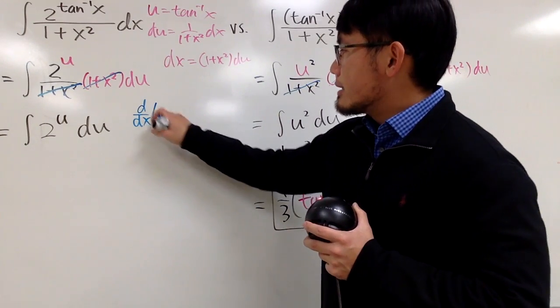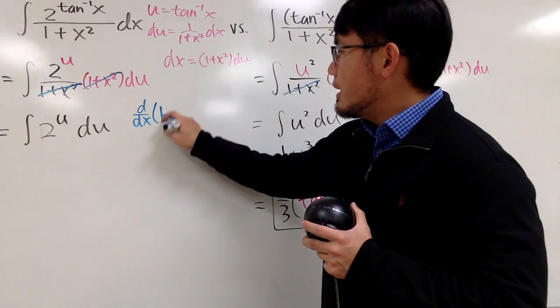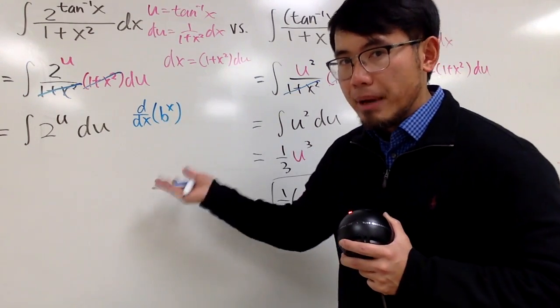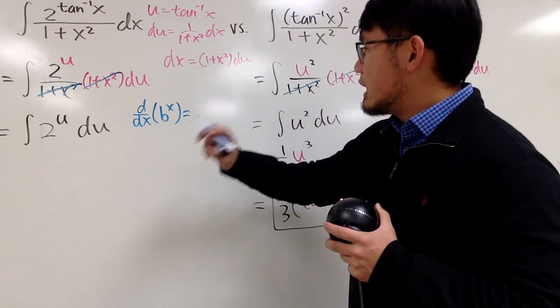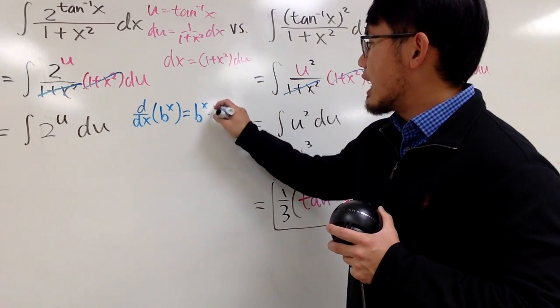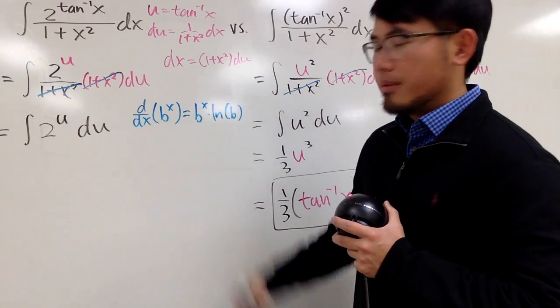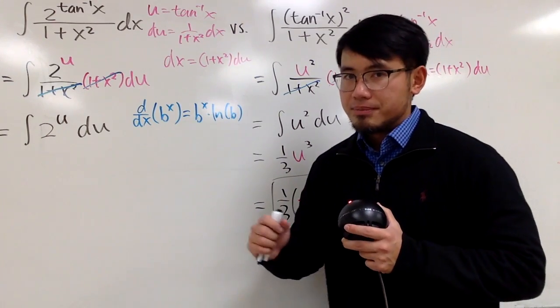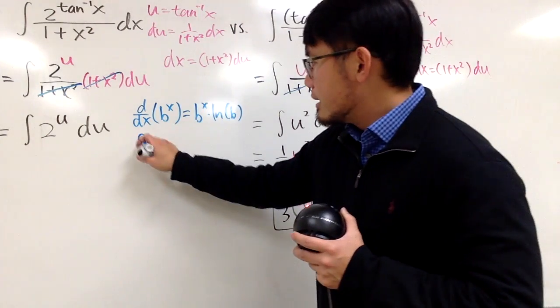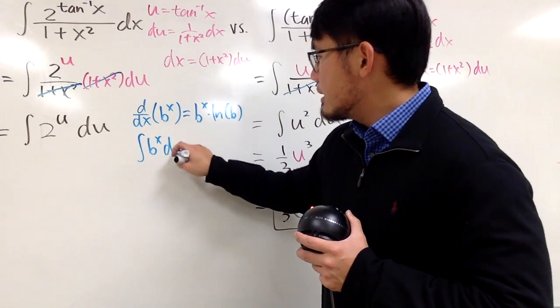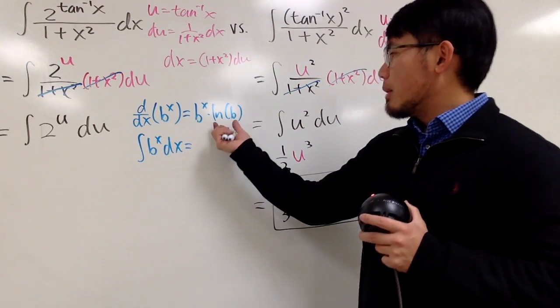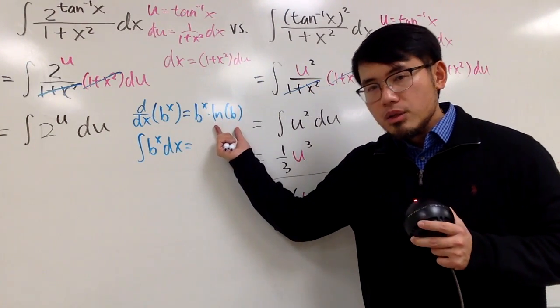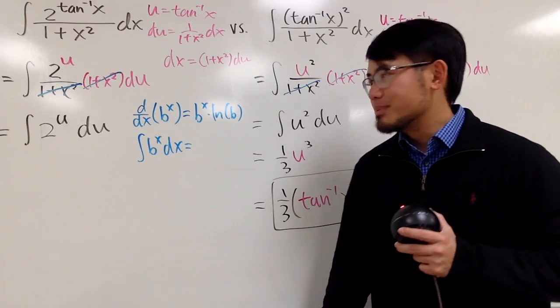Let me remind you guys, if you differentiate b to the x power, where b is a good base, this gives you b to the x times natural log of b. And when b is the special number e, then you just get e to the x. Well, if you integrate b to the x dx, instead of multiplying by ln b, you divide by ln b. That's pretty much it.